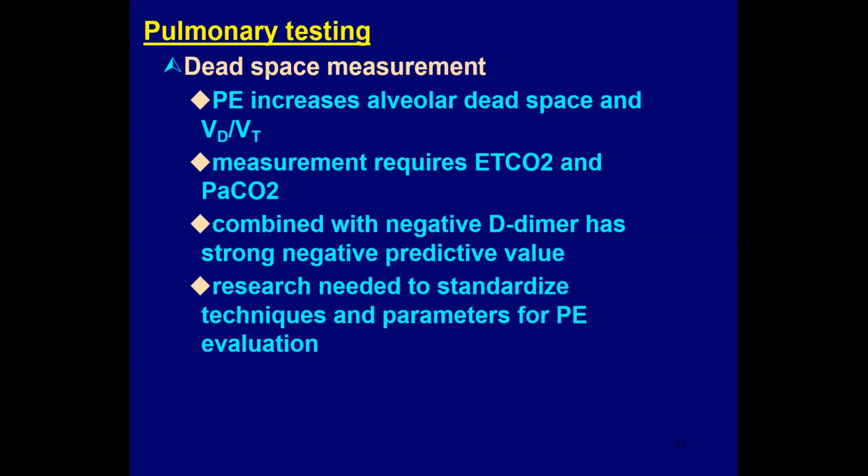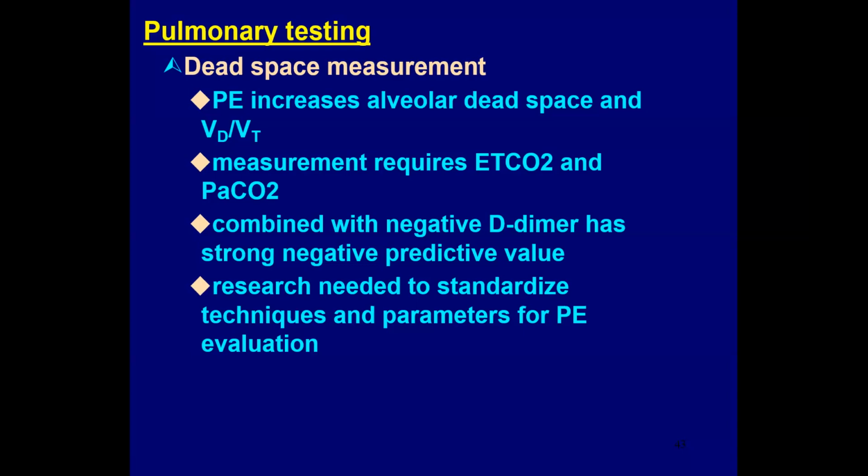Pulmonary test, dead space measurement. I mentioned this earlier. Pulmonary embolus increases alveolar dead space, therefore the VD to VT ratio. All we have to do to measure the VD to VT ratio is measure the end-tidal CO2 and the arterial PCO2, combined with a negative D-dimer.